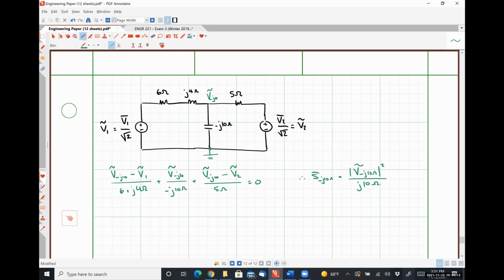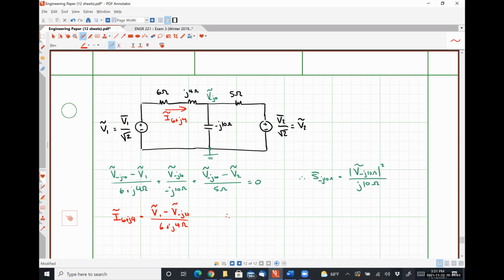Okay. So I'm going to call this current right here I 6 plus J4, where I 6 plus J4 is simply V1 minus V minus J10 divided by 6 plus J4 ohms.